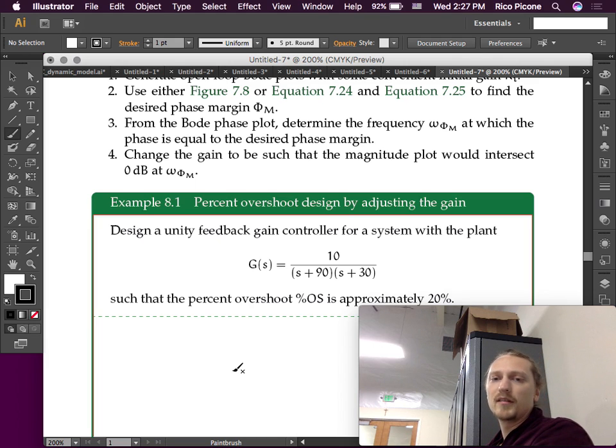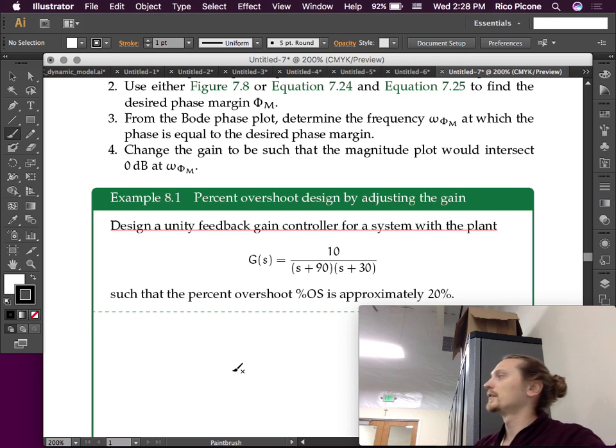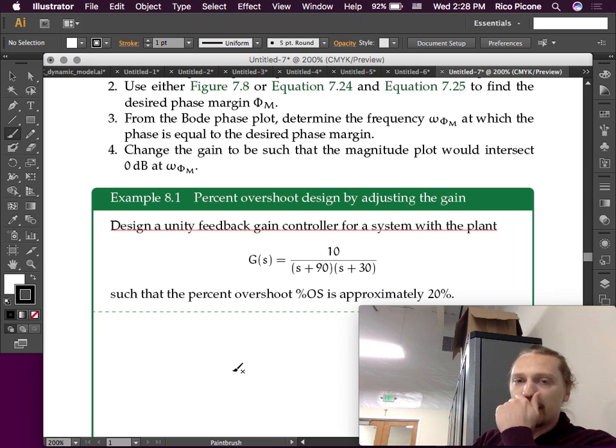Let's think about this transfer function for just a moment. What are we working with here? Comment on this transfer function for me. There are no zeros. Okay, so that's one thing. What else do we know about it? It's a slow response system because all the poles are far on the left.